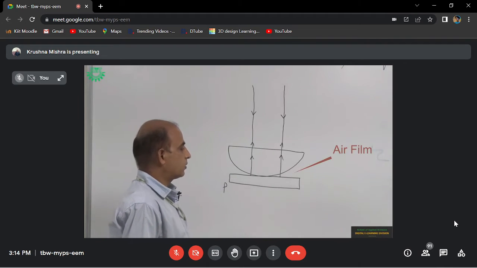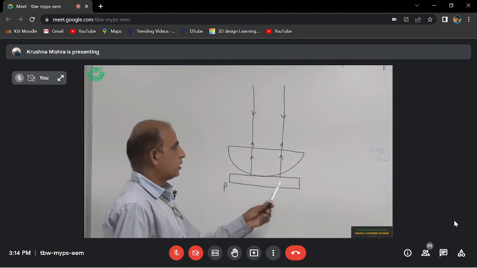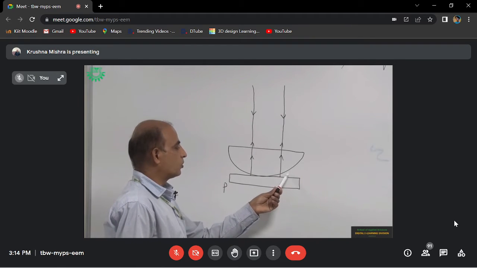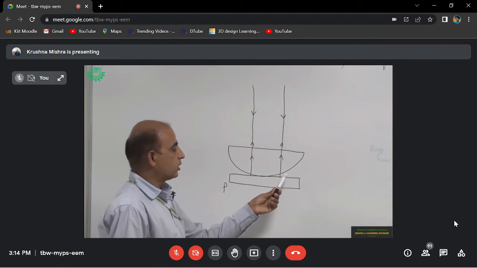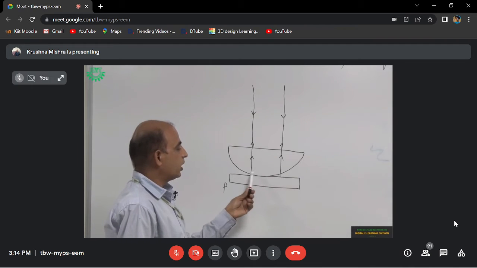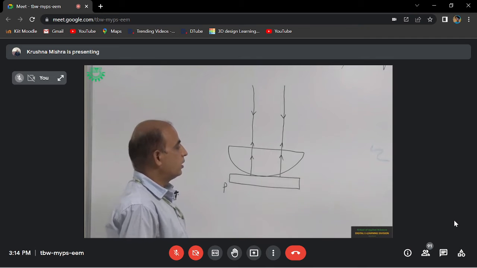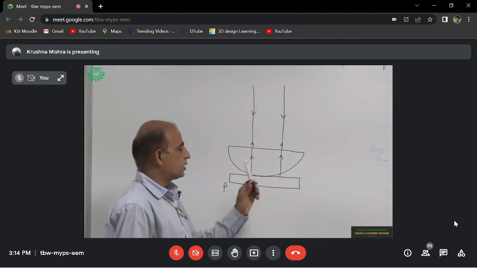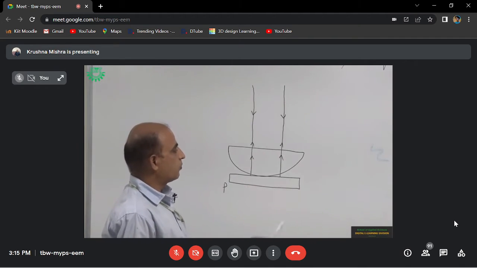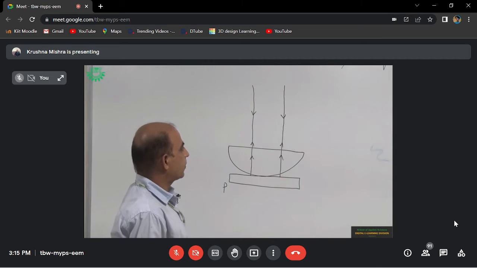and the glass plate. So those rings are formed, alternate dark and bright fringes are formed exactly in the air film in between plano-convex lens and glass plate, and this interference takes place here, and the rings are formed here in the air film.